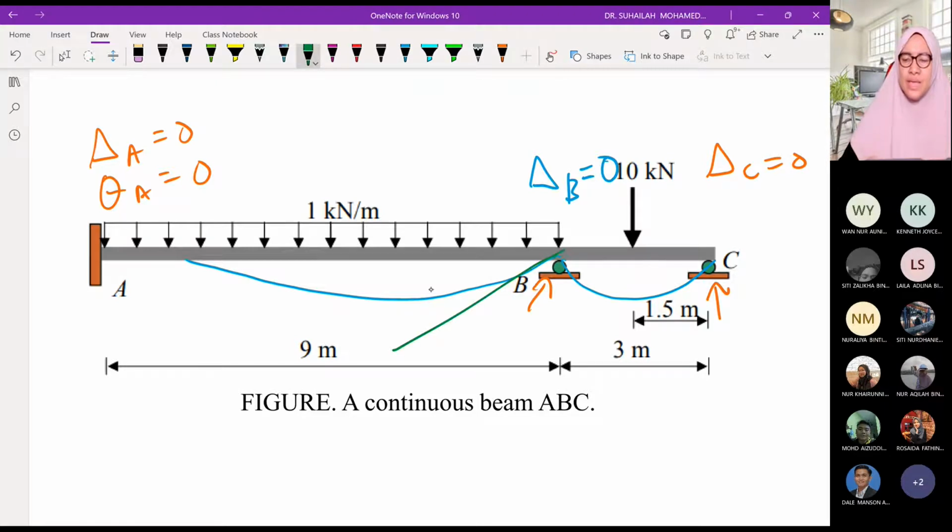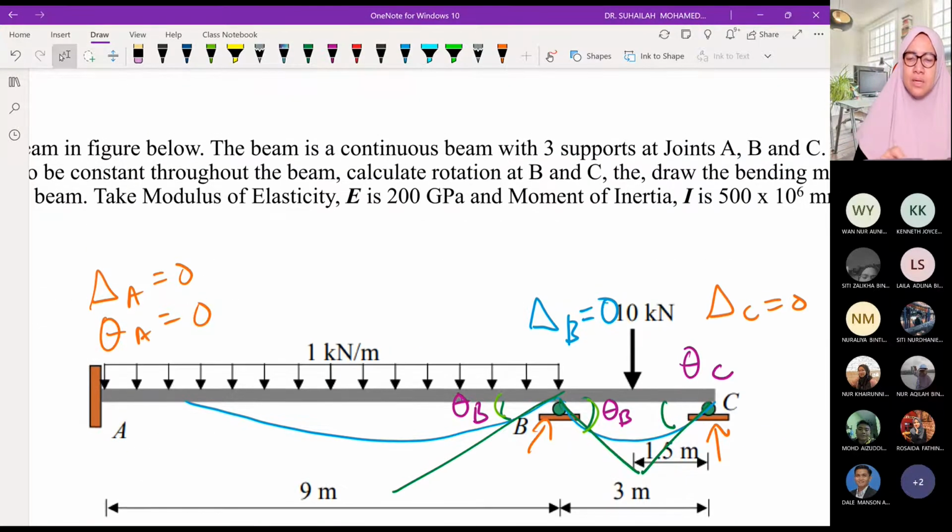If we draw the tangent line for the curve, it should be the same size. This represents theta at C, and this is theta at B. That is why the question asks us to calculate the rotation at B and C.